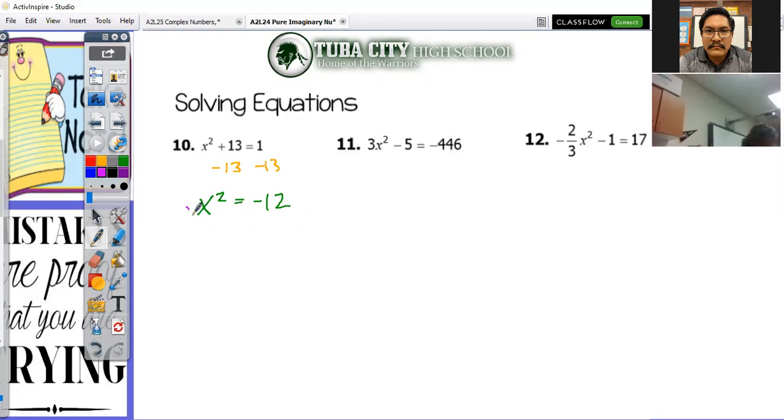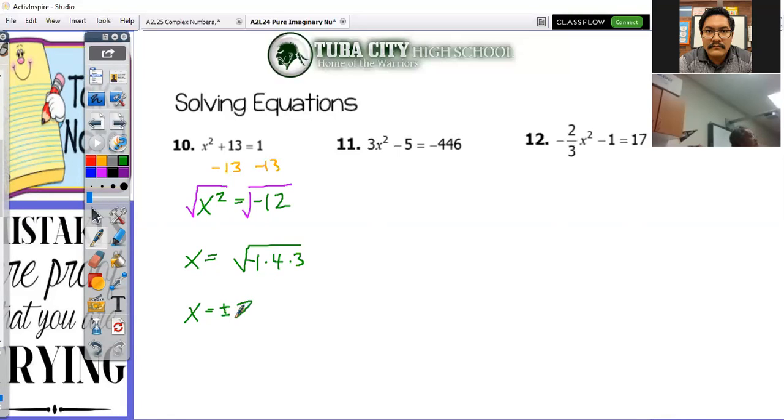Okay, now it's isolated here, so I'm going to go ahead and take the root of both sides. And think of two numbers that multiply to 12. 4 and 3, where 4 is a square number, so x equals positive and negative.